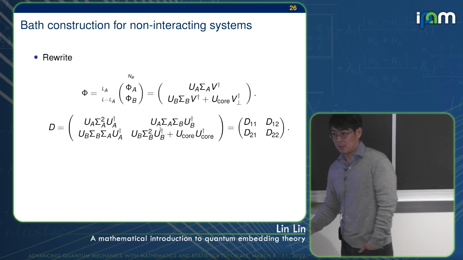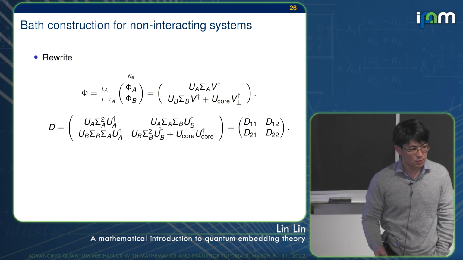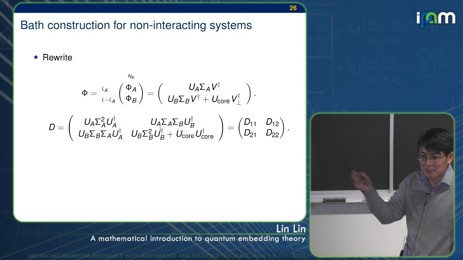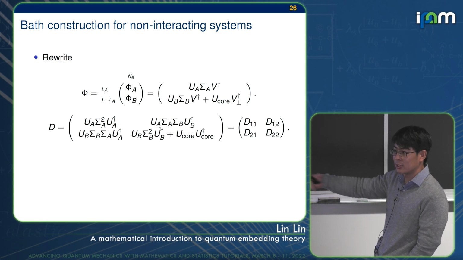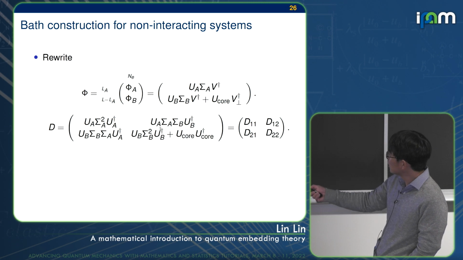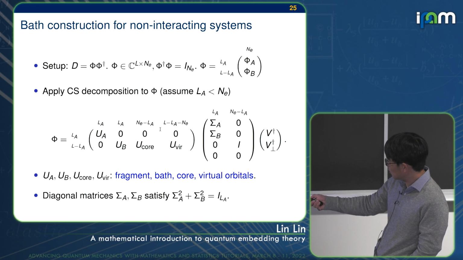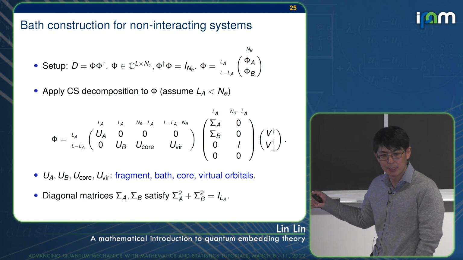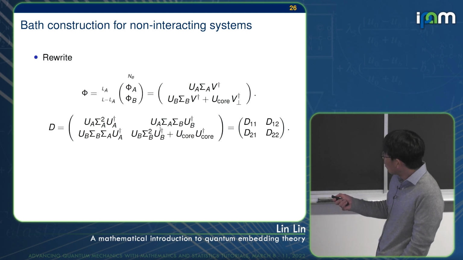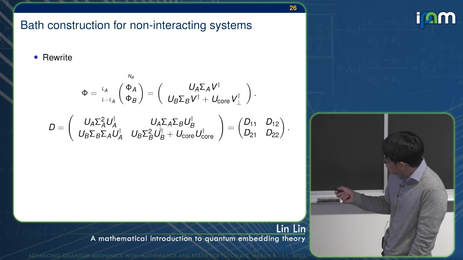Why do I call them fragment, bath, core, virtual? Especially, why is it called core? Because you just multiply that operation I gave before, and first of all, this virtual won't contribute to anything because it's 0. So virtual is gone. Virtual doesn't contribute to the density matrix, which seems intuitive. And core contributes only in this way.